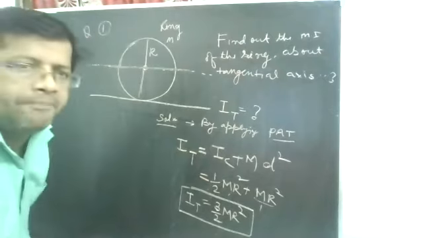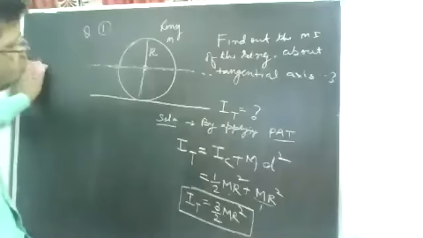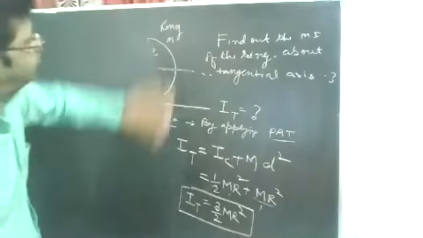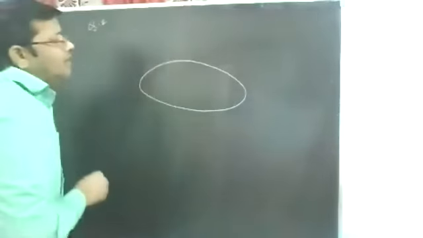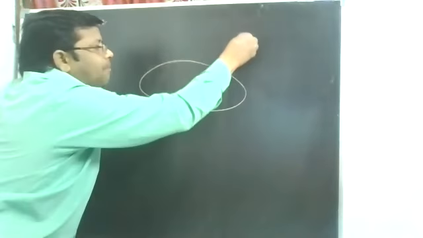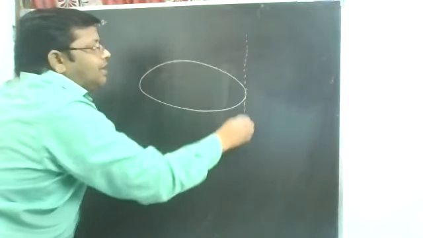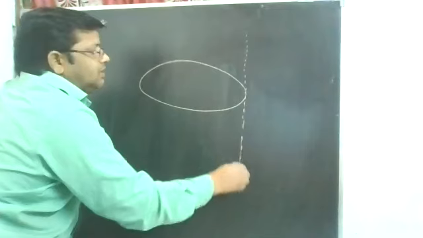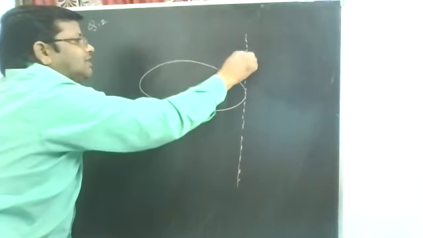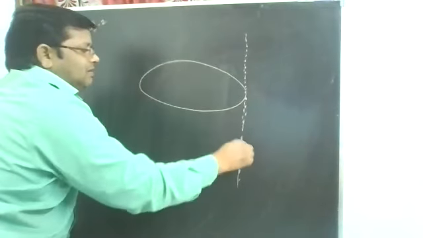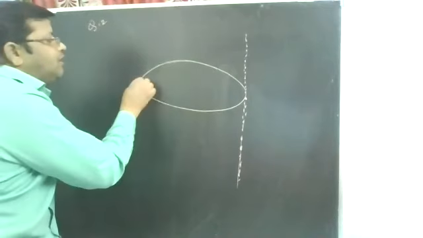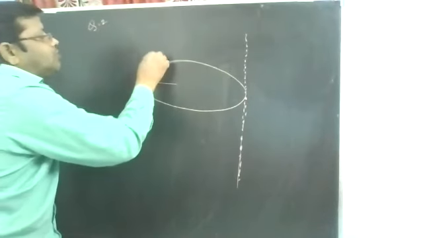Now see here, this is question number 2. If the ring is like this and the axis is passing perpendicular to its plane and tangential, this is the tangential axis. What is the radius of the ring? R. What is the mass of the ring?